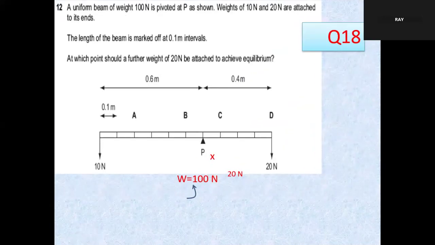How about this one? A uniform beam of weight 100 Newton is pivoted at P as shown. Weights of 10 Newton and 20 Newton are attached to the ends. The length is marked at 0.1 meter divisions. At which point should a further weight of 20 Newton be attached to achieve equilibrium?